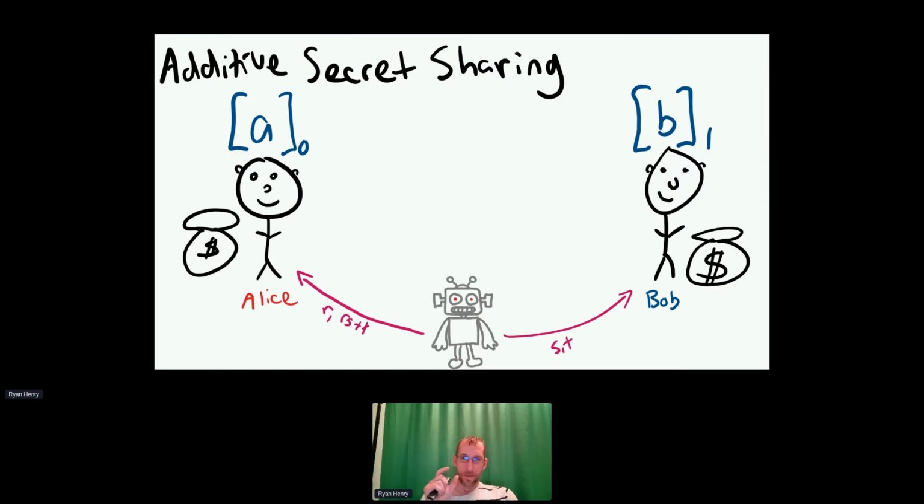The reason that we were very interested in protocols with this very special type of third party is because we can actually implement this third party as a two-party computation between Alice and Bob that happens offline before they actually want to do their calculations, so that they can do the online costs as if they have a third party helping them, which makes things more efficient at the expense of having done something expensive previously.